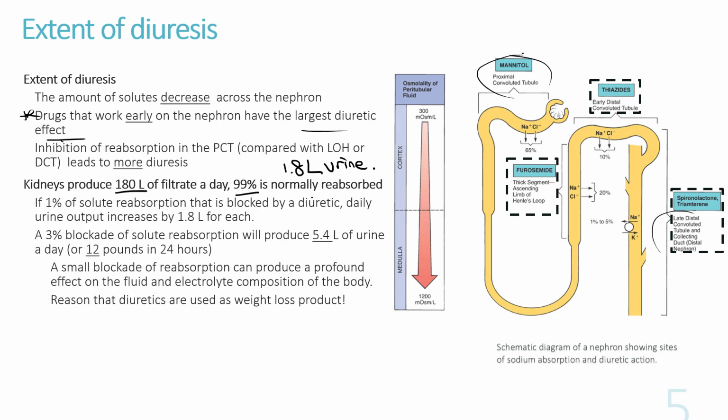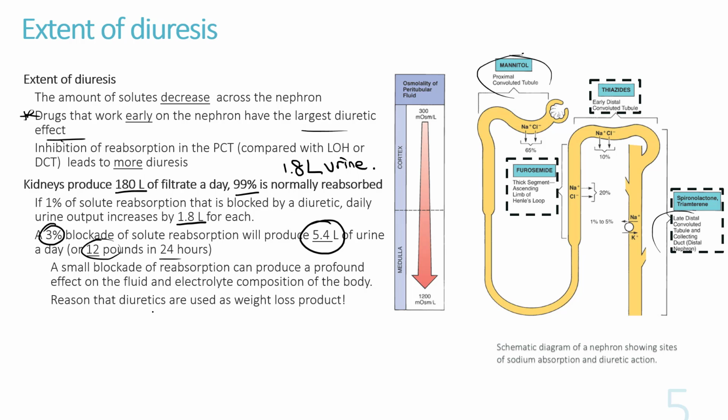If only 1% of solute reabsorption is blocked by a diuretic, it increases the amount of urine produced by 1.8 liters. If you work it out, blocking 3% of solute reabsorption would produce 5.4 liters of urine, which converts to about 12 pounds in a day, in 24 hours.